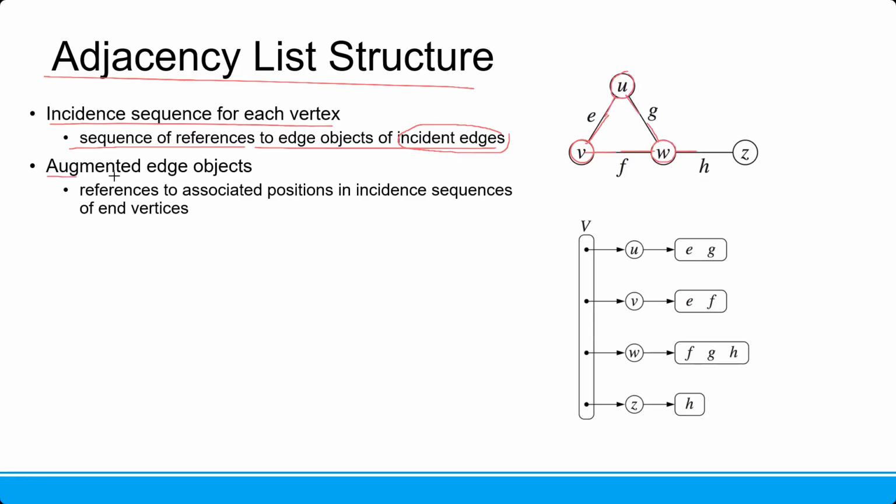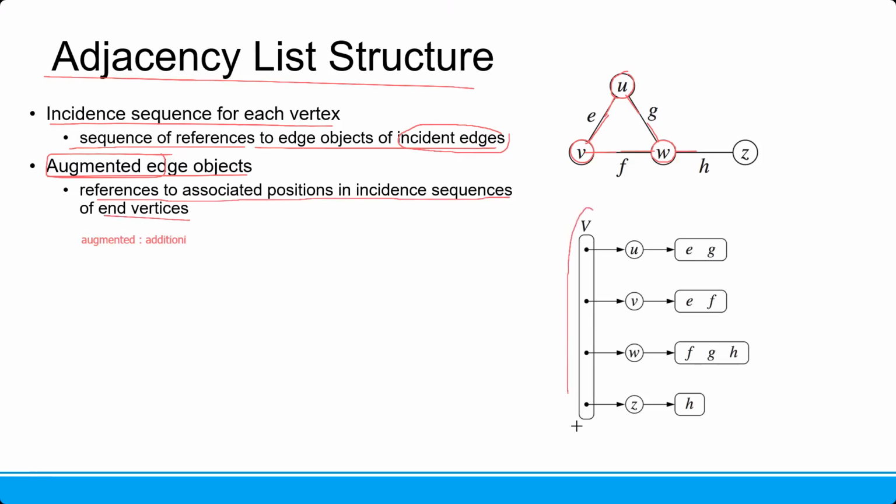We will do the augmented edge objects. Augmented. Do you know what it means by augmented? It is addition. Augmented means addition. It is the reference to the associated position in the incident sequences of the vertices.